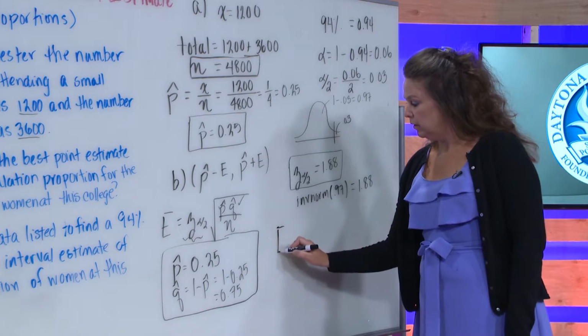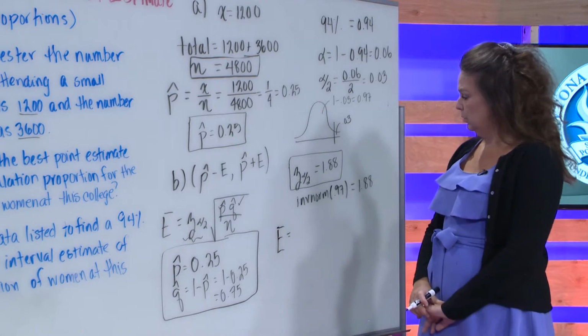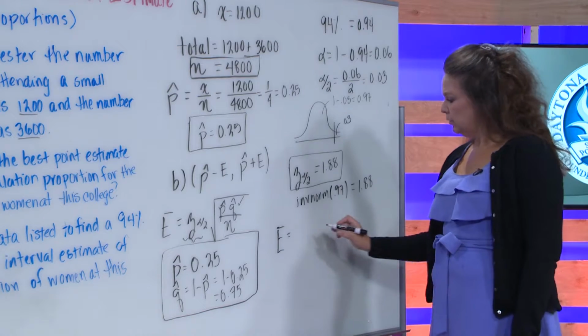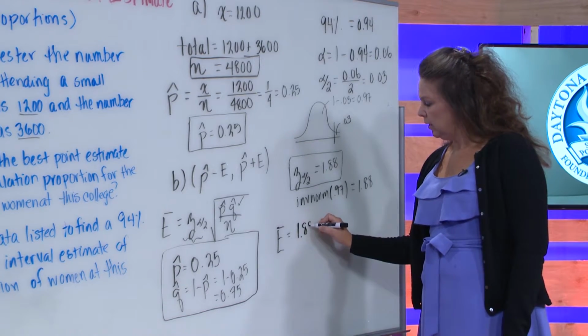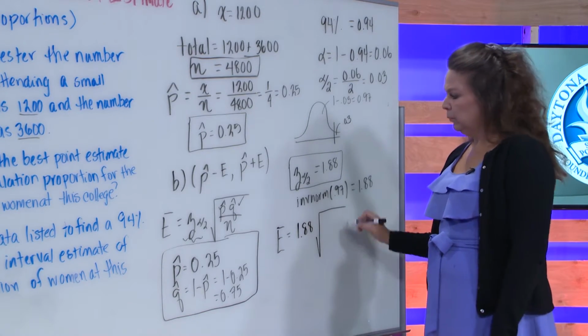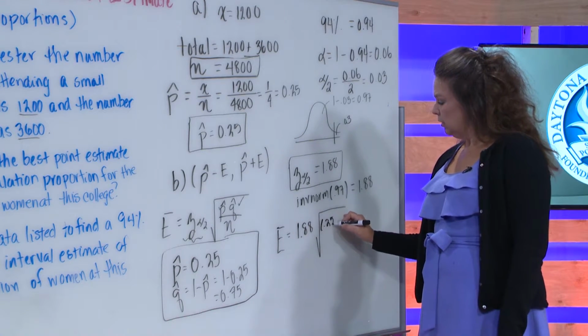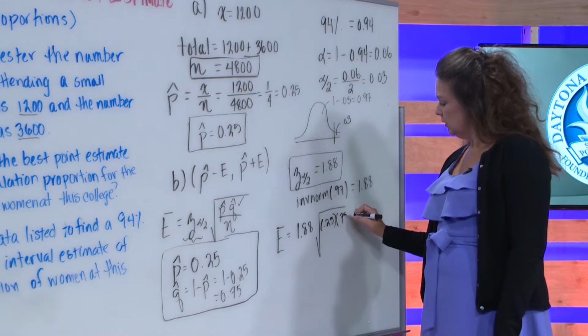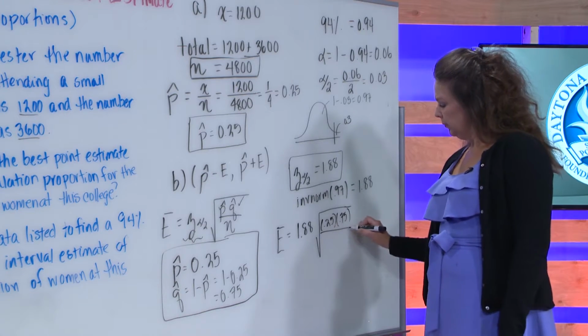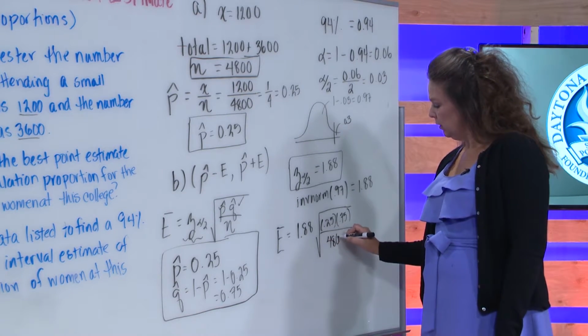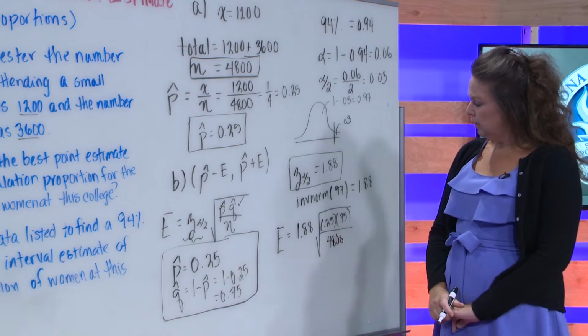Then I have the margin of error is equal to Z alpha over 2, so that's 1.88, times the square root of P hat times Q hat divided by N, which is 4,800. I'm going to plug this into my calculator.